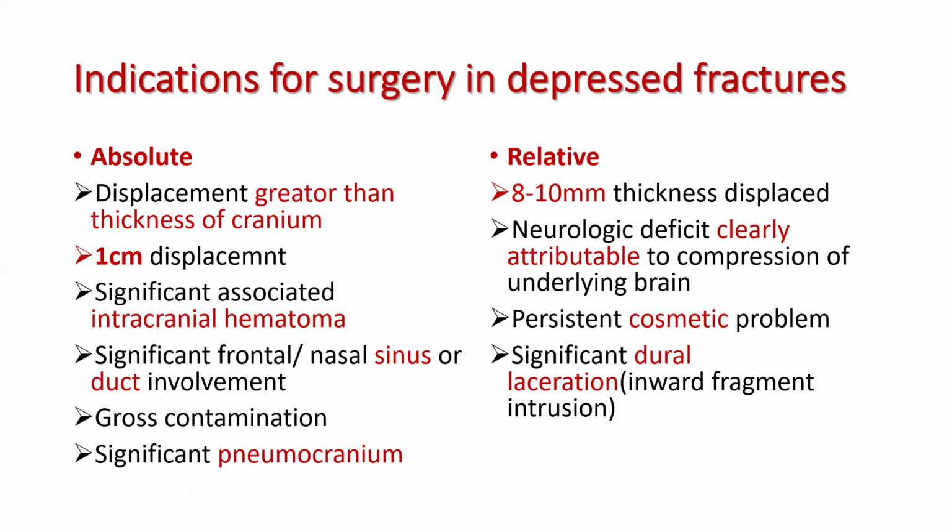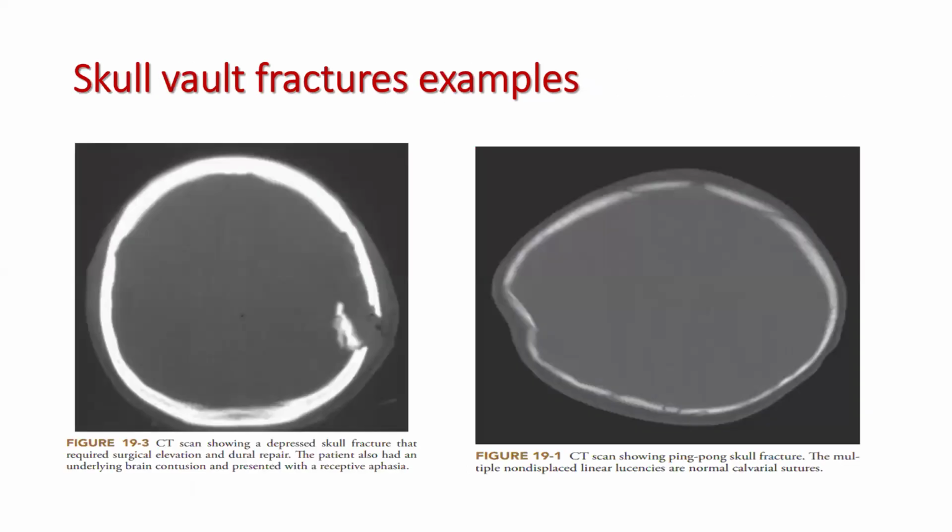So the indications for surgery in depressed skull fractures, we have the absolute indications and the relative indications. The absolute indication is when you have a displacement of the segment greater than the thickness of the bone itself. You can see the displacement here is really inside, greater than the thickness of the bone.